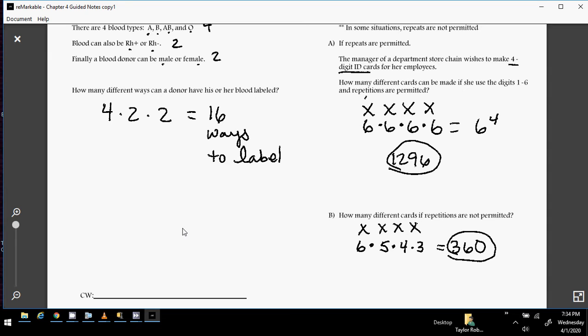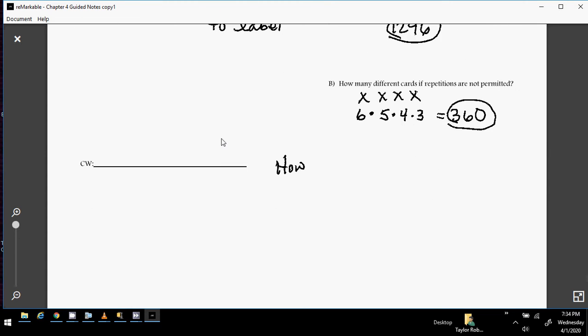Now, when it comes down to it, a lot of times it'll say how many different ways can someone visit colleges. How many, here, I'll write it down. How many ways to visit, let's just say for sake of time, 5 colleges.